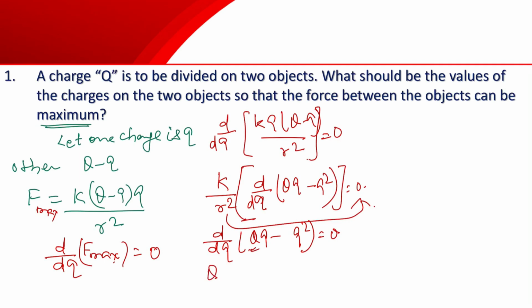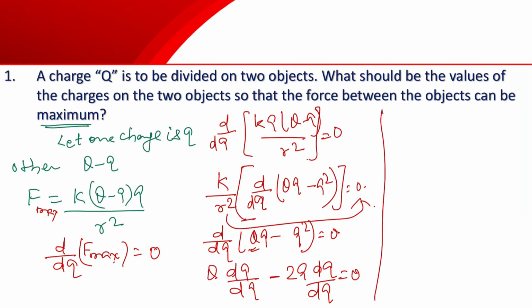Now if you differentiate it, as capital Q is constant, we get Q dq by dq minus 2q dq by dq equals to 0. From here we can write again Q minus 2q will be 0.